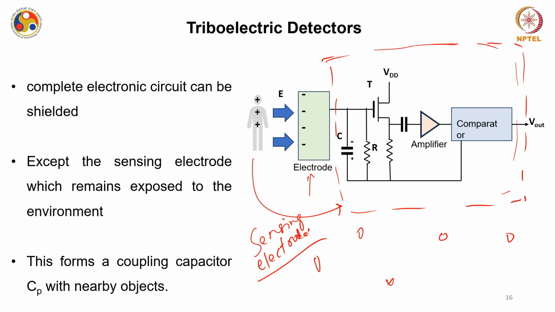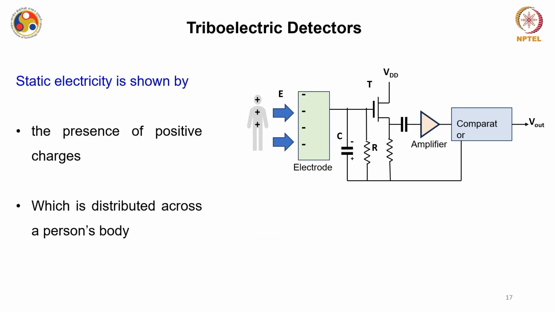Now this forms a coupling capacitance with the nearby objects. I am calling it CP. This is forming a coupling capacitance with the nearby objects because it is not shielded.